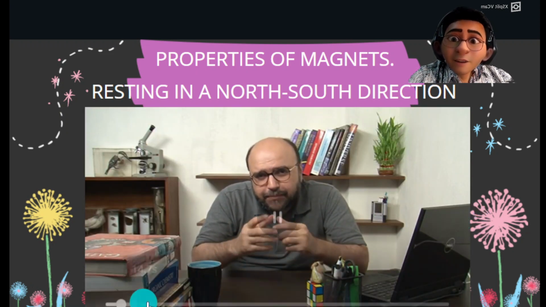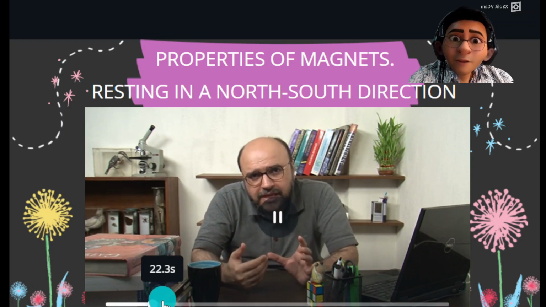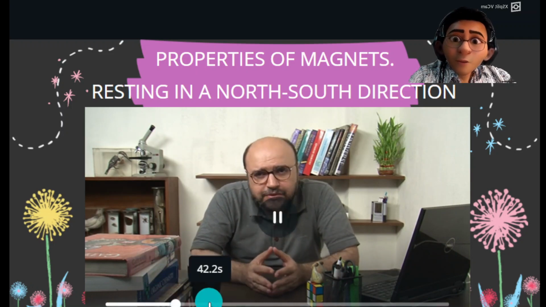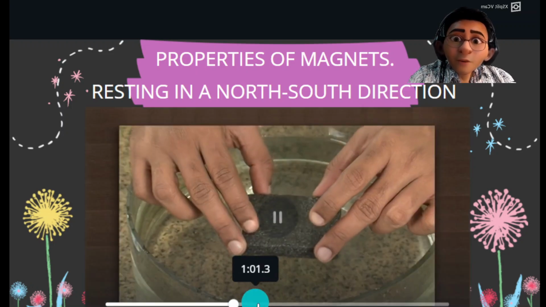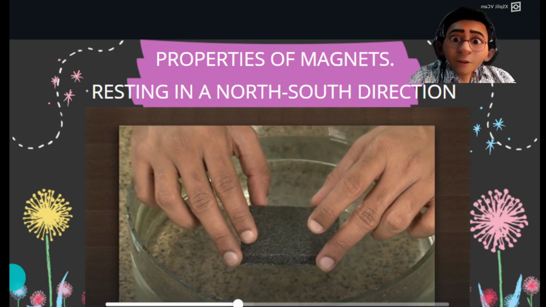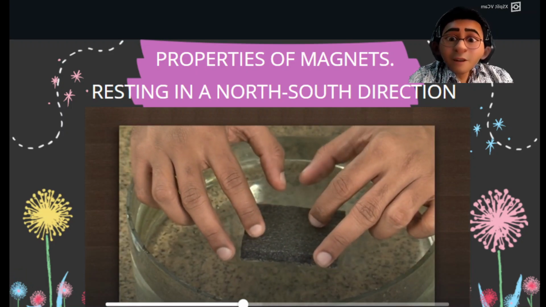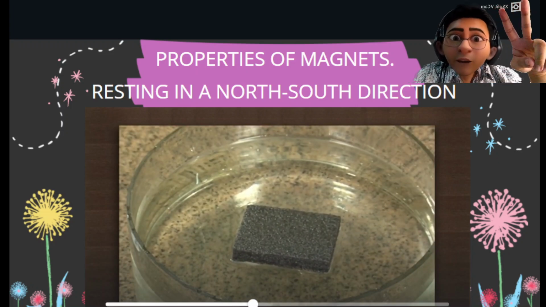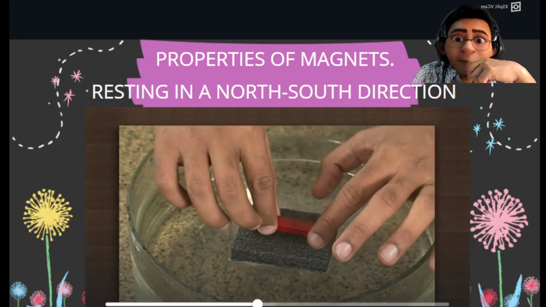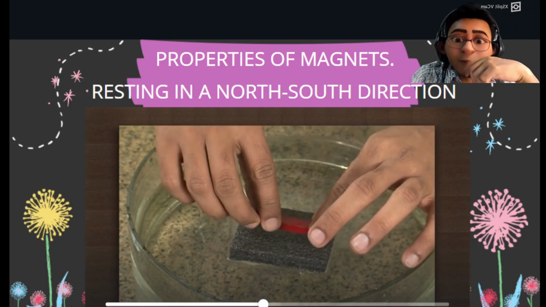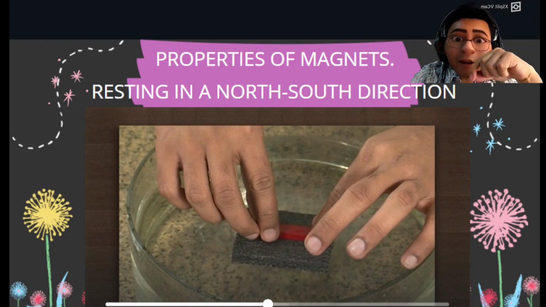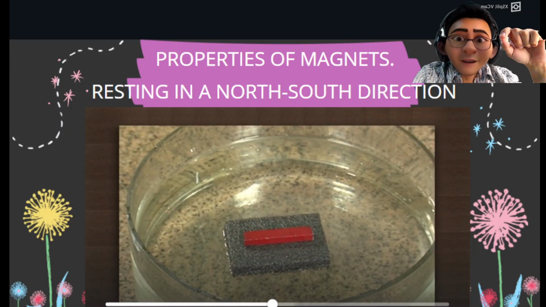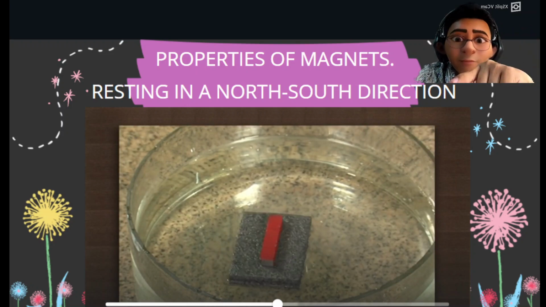This is a second example. Take a look here. This is another experiment. There are two ways you can do this experiment. One is by hanging the magnet, and the second one is by putting the magnet on a float.